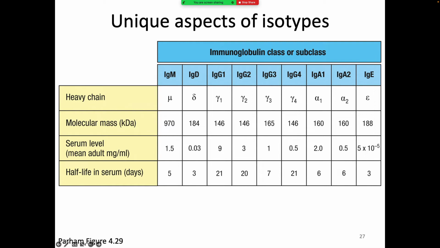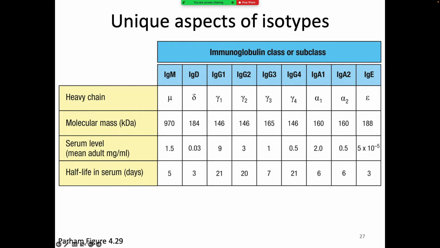What you can see in this table already is that there are some places where we see some big differences between these different isotypes. So you'll notice that the molecular mass is not the same for all of these isotypes. You can see that the serum level, as in how much of that isotype is in the blood, can really differ for our different isotypes.